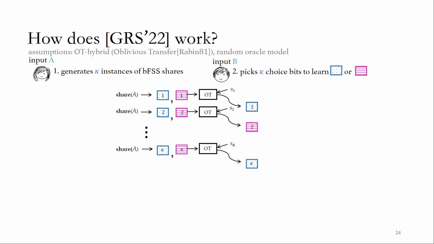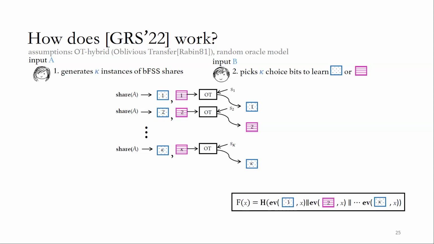And then Alice and Bob run an oblivious transfer protocol so that Bob learns the right FSS share that he's looking for. By the oblivious transfer, it's guaranteed that Alice is oblivious to these choice bits. So she has no idea which FSS shares Bob picked. And this is all the interaction you really need.